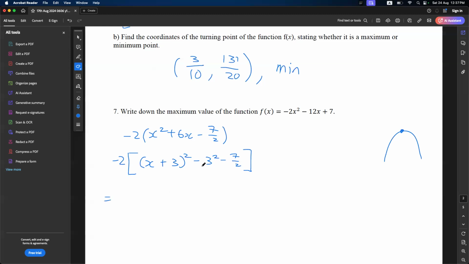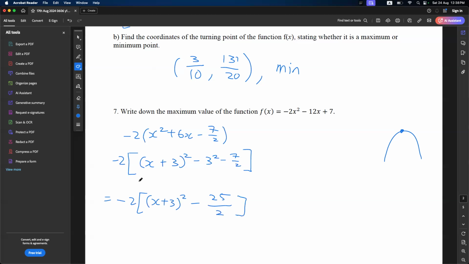Type this part into the calculator. Negative 9 minus 3.5. So that's like 12.5. Okay, -2 bracket x plus 3 square minus 25 over 2. Okay.